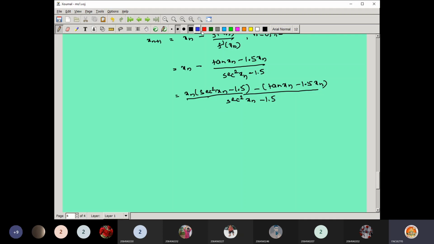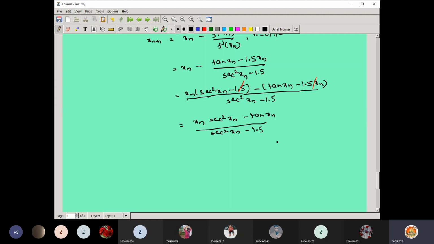So writing directly in the numerator, we have 1.5 x n, this minus 1 minus and a plus is cancelled. The remaining values are x n secant square x n minus tan x n, total divided by secant square x n minus 1.5. So this is the final simplification of your given Newton-Raphson formula.